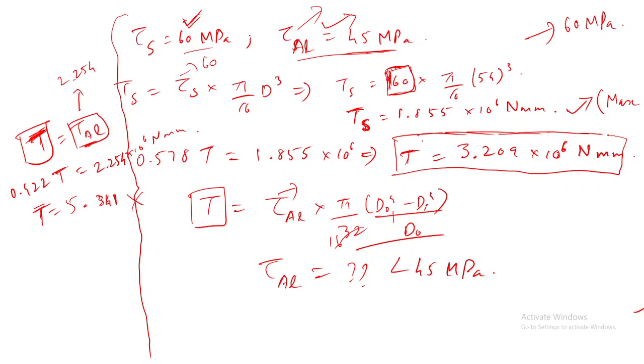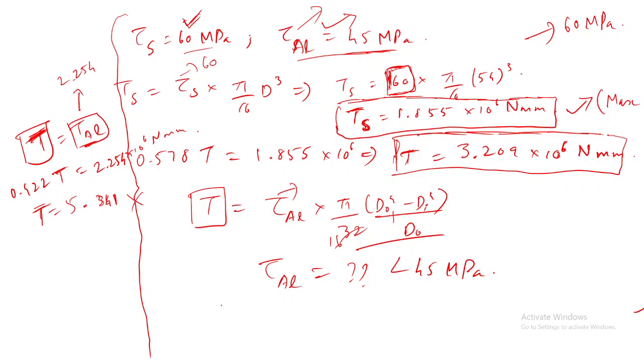So the maximum torque to which the composite shaft is subjected is equal to 3.209 into 10 to the power of 6 Newton mm, and here it is the torque of the steel section.